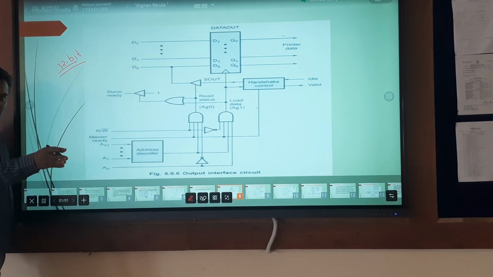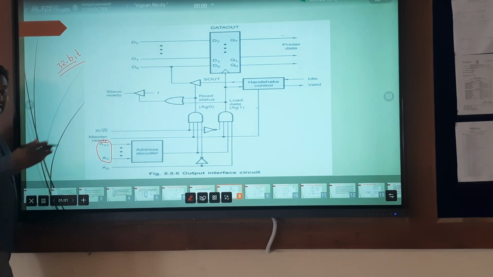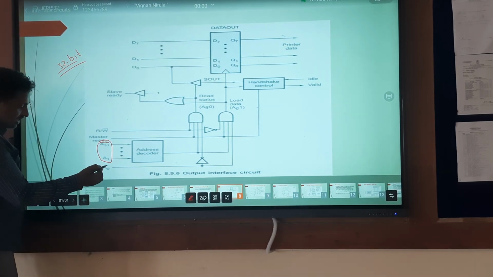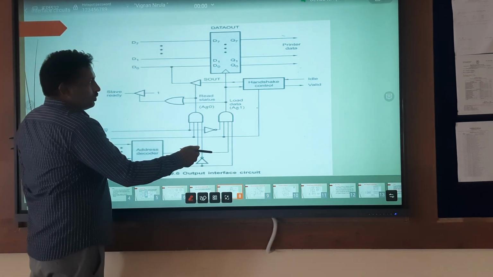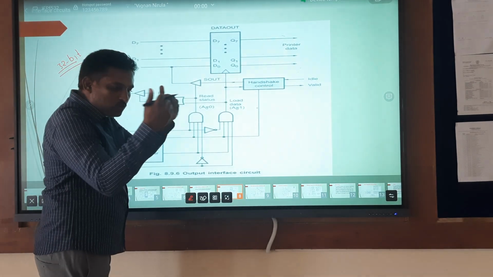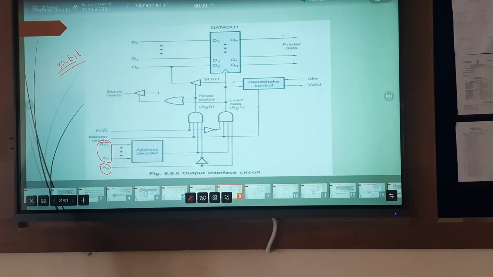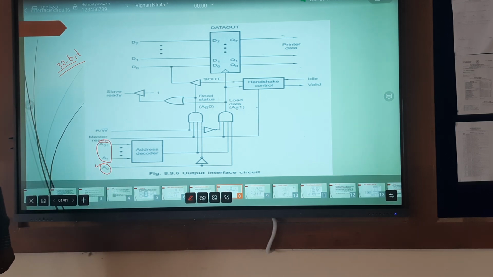Out of those 32 lines, the processor uses only 31 lines for assigning the address, and the remaining line will be used to transfer the data or to read the status. That can be identified with the help of the A0 bit.